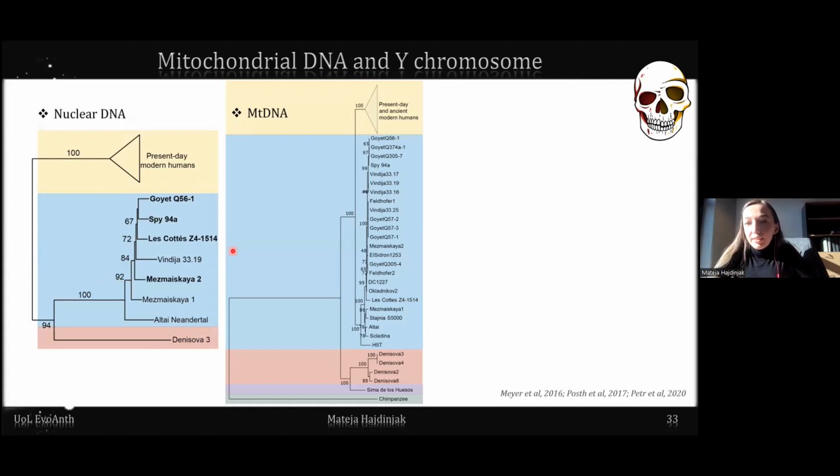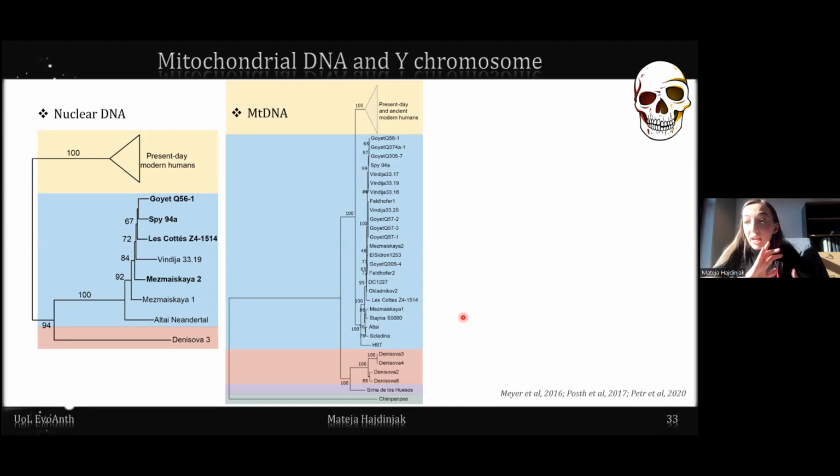Whereas if we look at the mitochondrial DNA of all of the published Neanderthals we have to date, Denisovans, present-day and ancient modern humans, the individual from Sima de los Huesos, and using a chimpanzee as an outgroup, Neanderthals and modern humans are closer to each other, and Denisovans are an outgroup.